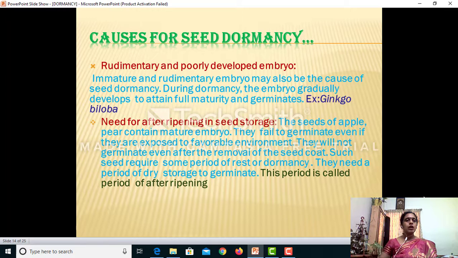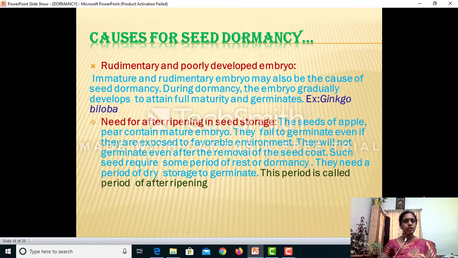Next is rudimentary and poorly developed embryo. Immature and rudimentary embryos may also cause seed dormancy. During dormancy, the embryo gradually develops to attain full maturity and germinates. An example is Ginkgo biloba. Next is the need for after ripening in seed storage. The seeds of apple and pear contain a mature embryo.